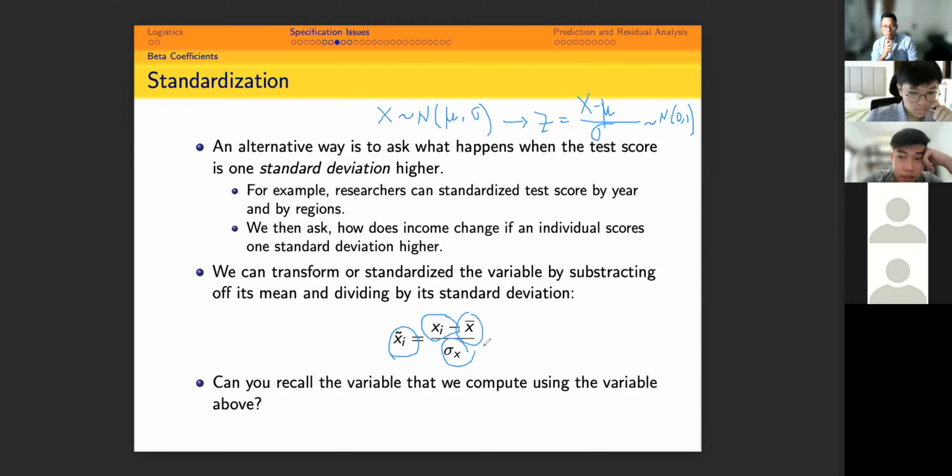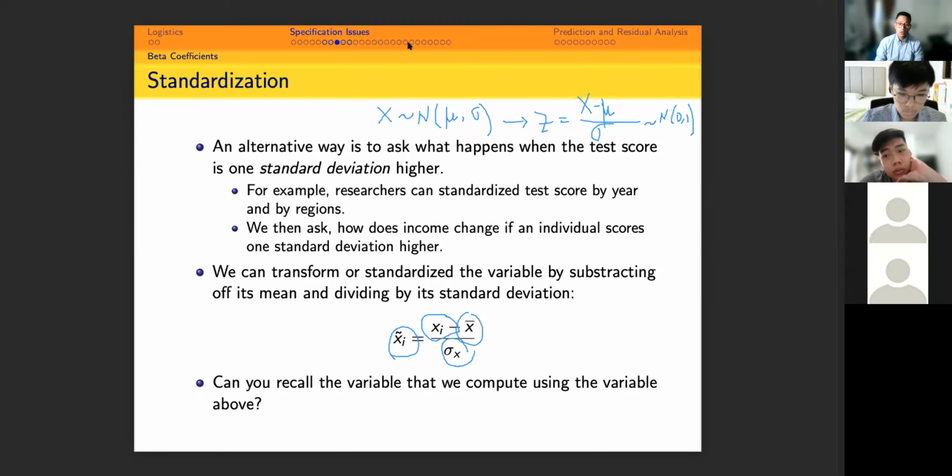By having this transformation, the unit of the variable is going to be different as well. The unit is now going to be standard deviation, so a unit observed in this variable is going to be a standard deviation.